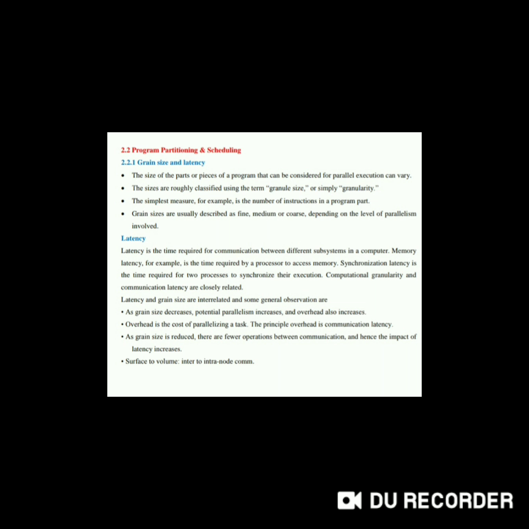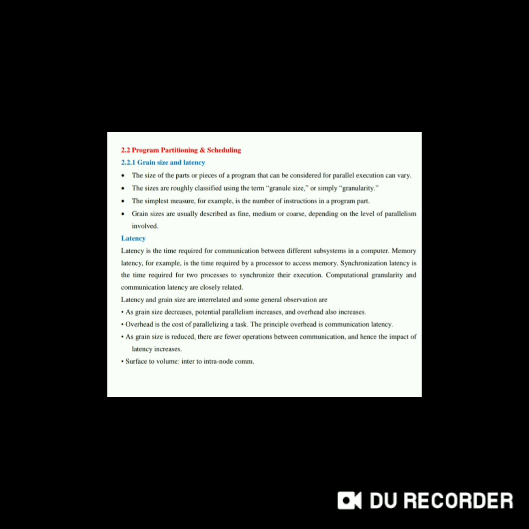So the size of the parts or pieces of a program that can be considered for parallel execution can vary. The sizes are roughly classified using the term grain size, or simply granularity.